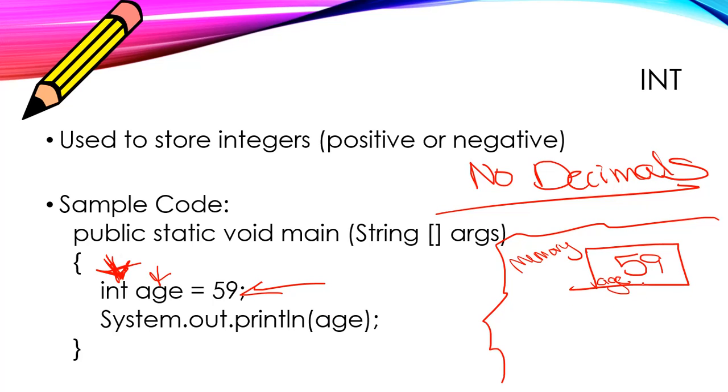It's going to go over to the box. It's going to open the box. It's going to see there's a 59 in there, and it's going to print 59 to my console. So thinking of it in that form, what we're doing is we're basically storing the number 59 inside of a variable for future use.